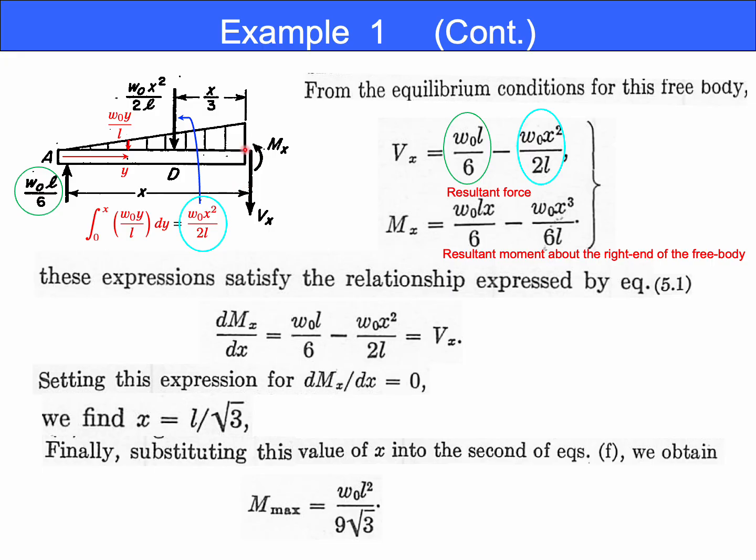The distributed load value at the right end of this free body is W0 x over L. The shape is the same as before. The equivalent concentrated load is applied at x over 3 from the right end.